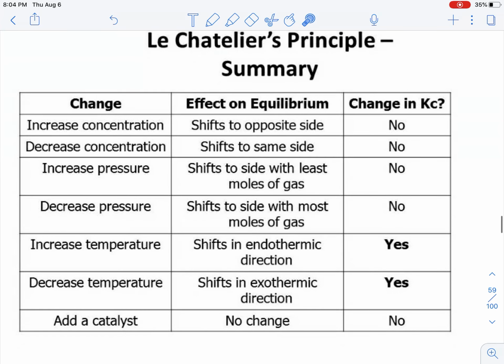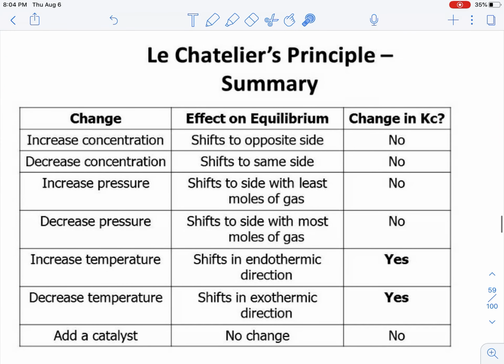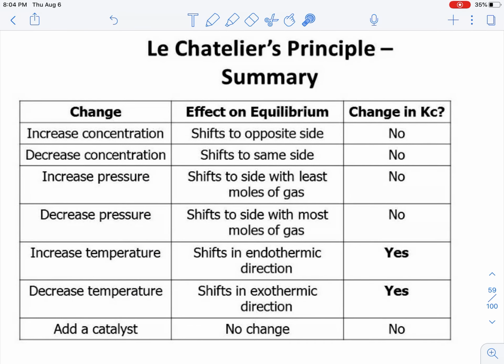In this lecture slide, it simply summarizes Le Chatelier's principle with respect to concentration, pressure, temperature, and catalyst. It's not a complete summary, but it's a summary that kind of gets you thinking.